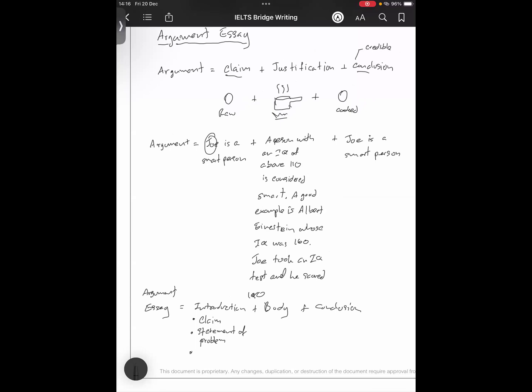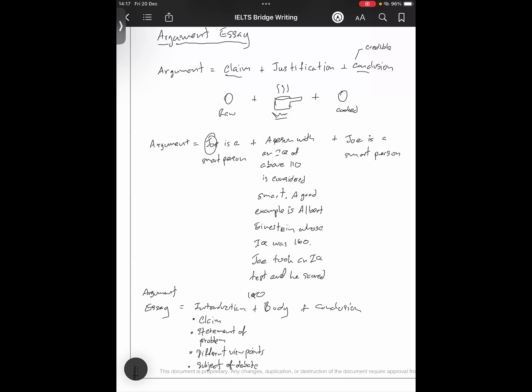It will also include different viewpoints. And also a claim, statement of problem, different viewpoint, the subject of debate. Okay, so that's what it will include. So 4 things, but you can arrange them in any order. Okay, it doesn't have to follow this order.